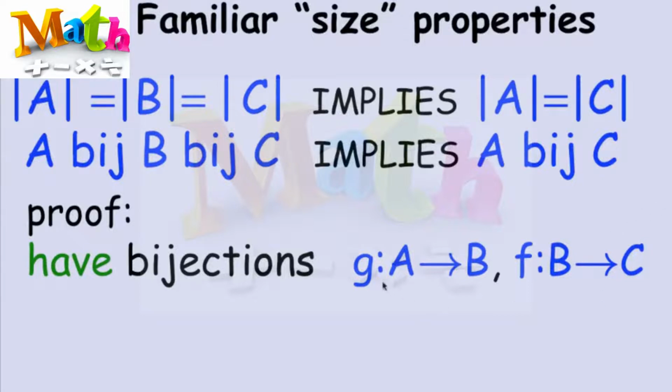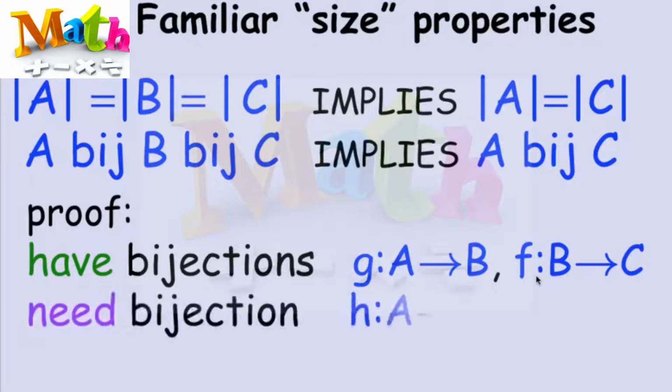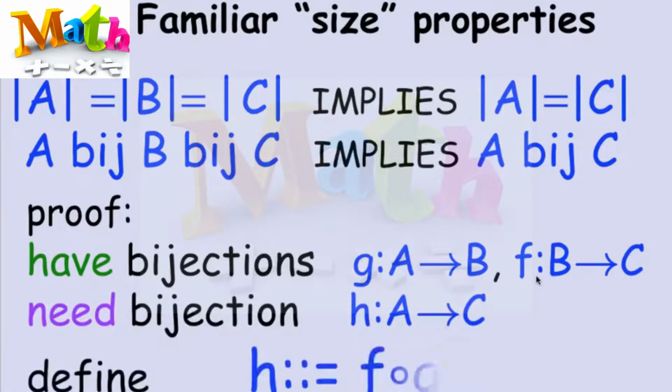What you do is you use G to go from A to B, and then you use F to go from B to C, and you compose them, and that gives you the needed bijection from A to C. So you define H to be the composition of F and G, and it's easy to check that if G and F are bijections, then their composition is a bijection. So that's how I find the needed bijection from A to C.